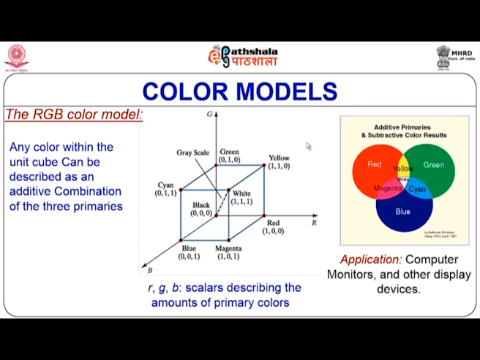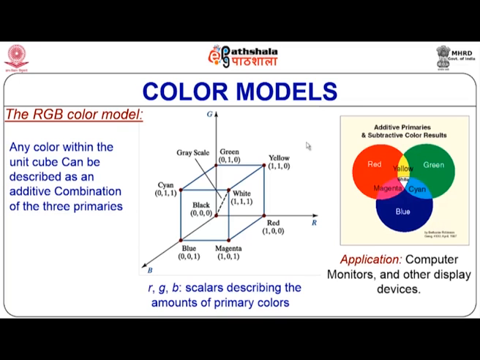That means the cube has edges of size 1, it is a standard unit cube, with the R axis, the G axis and the B axis. At the origin is black, and the diagonally opposite vertex is white. The colors that fall along the line connecting black and white are the greys.